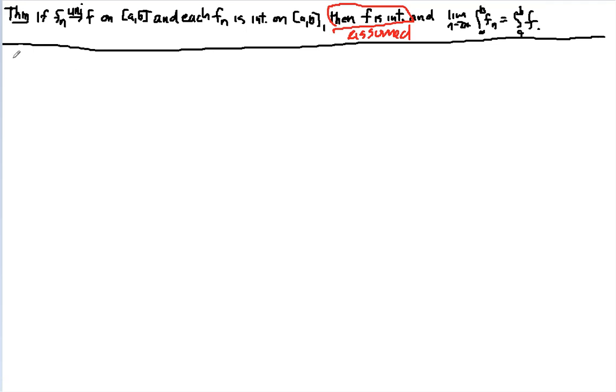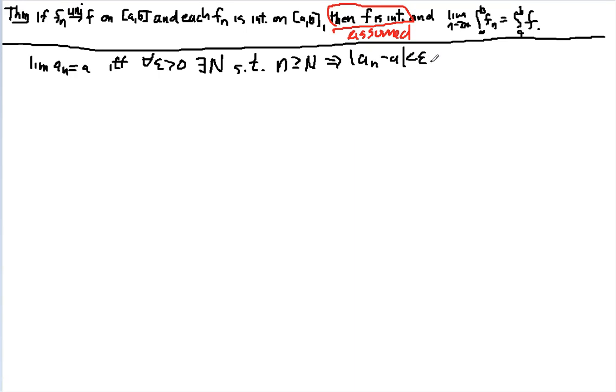The idea is a basic idea from what we saw before. A sub n goes to A if and only if, for all epsilon bigger than 0, there exists a capital N such that n bigger than or equal to N implies |A sub n minus A| is less than epsilon.